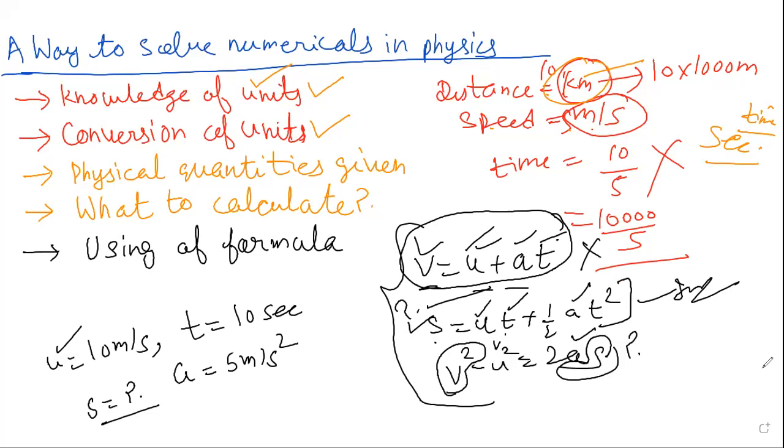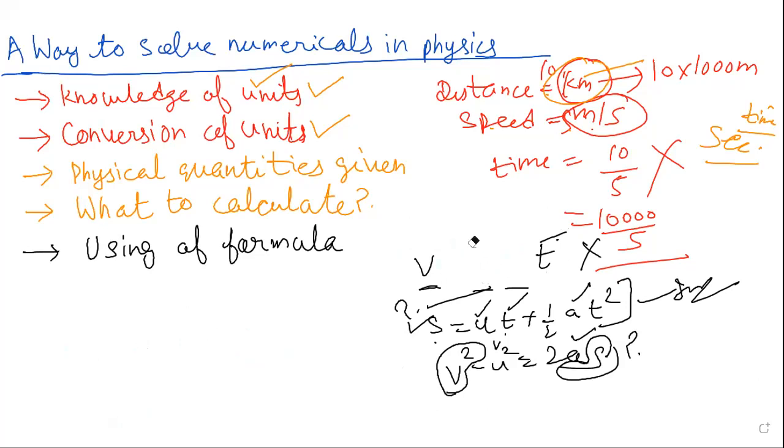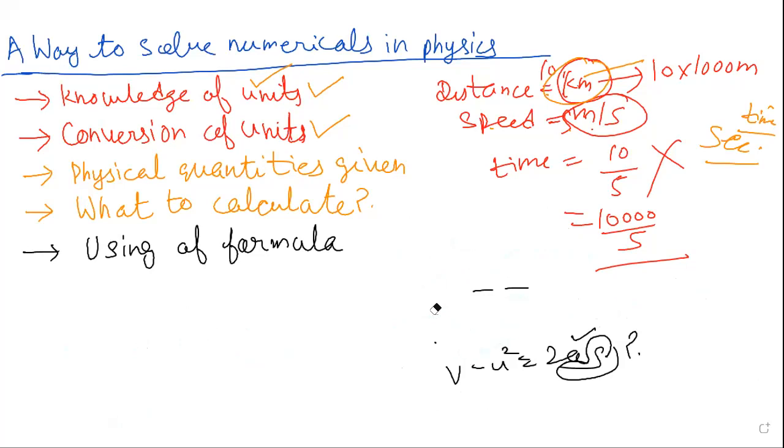Sometimes there may be use of more than one formula. As we have done in force and laws of motion, sometimes one formula can be used, sometimes 2-3 formulas can be used.